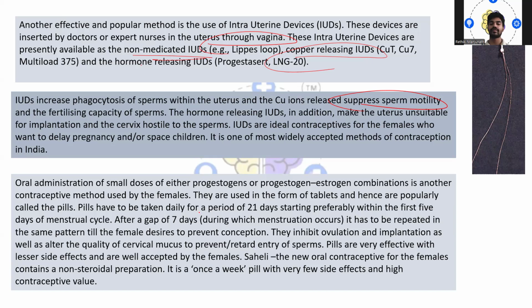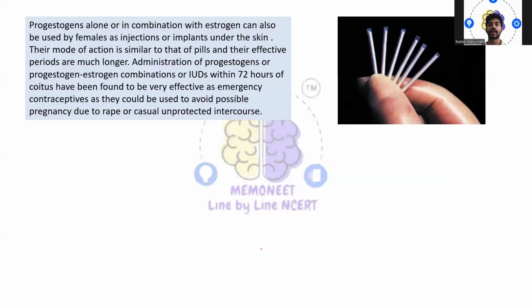One good example of such pills is Saheli, a new oral contraceptive for the female containing a non-steroidal preparation. If it has no steroids, it can be used with fewer disadvantages. It is a once-a-week pill, with very few side effects and high contraceptive value.